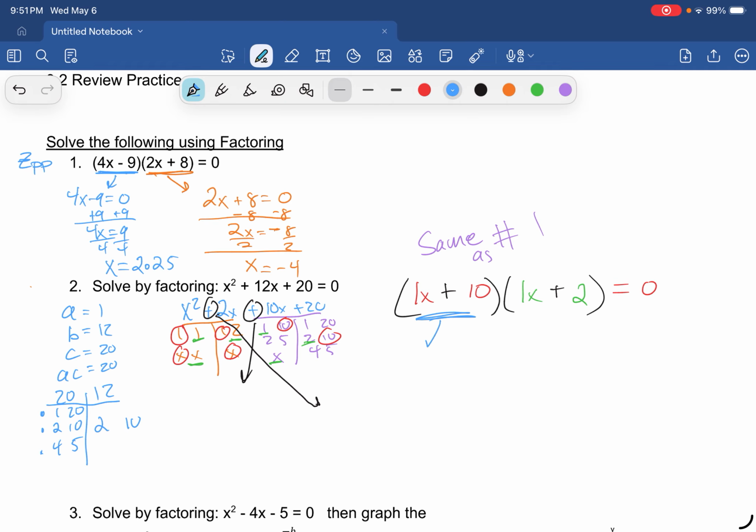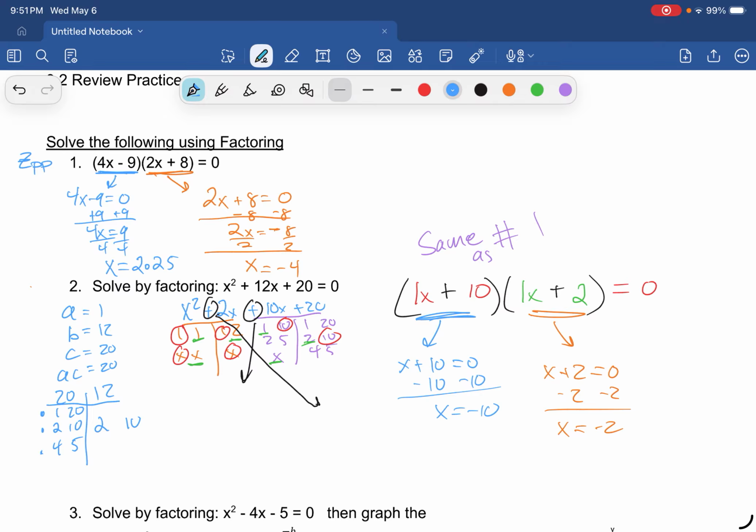I'm going to take these two pieces, set them both equal to 0, and solve both those equations. When I'm solving, I'm using my inverse operations. And my solutions happen at -2 and 10.